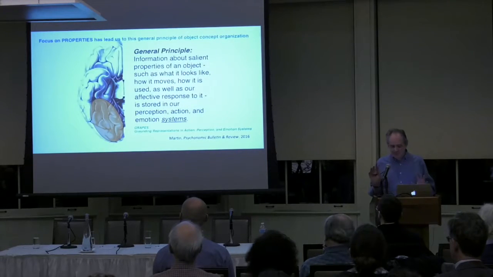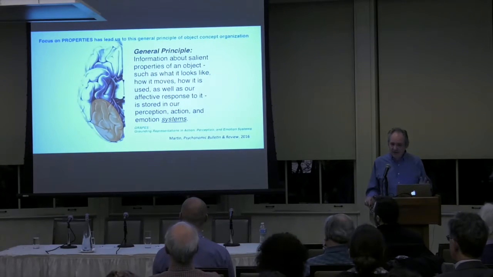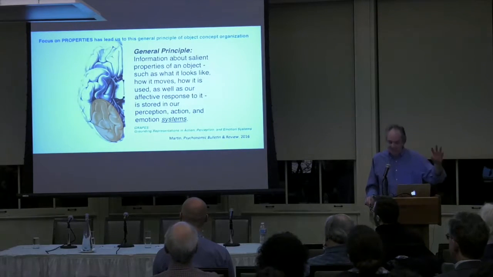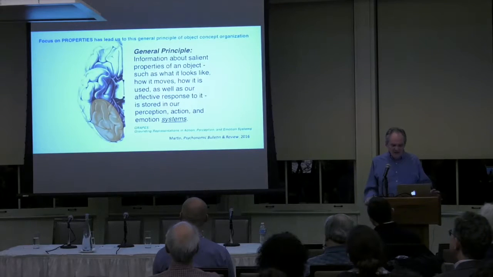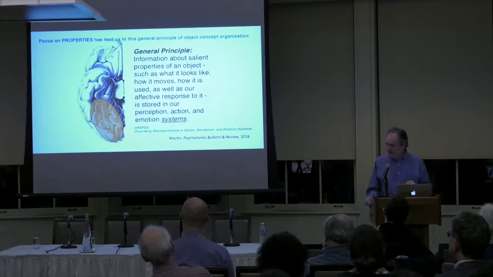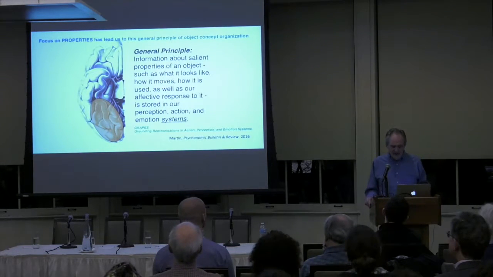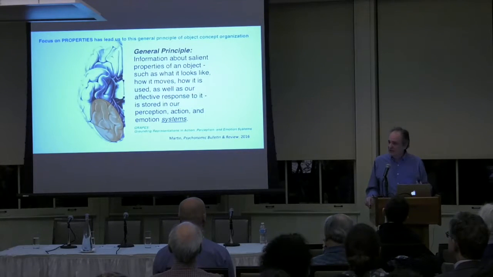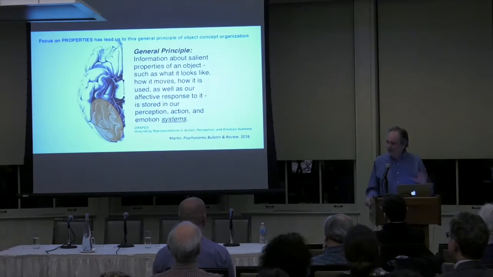This focus on properties of objects, the kinds of properties that define our conceptual knowledge of these objects, is really important because both the patient data and our imaging data, which I'll show you a little of in a moment, have really stressed that the critical feature of understanding how knowledge is organized is really about these properties.